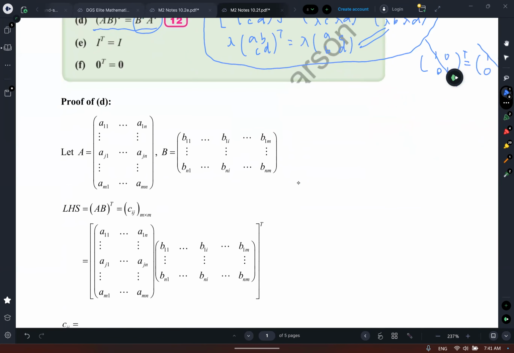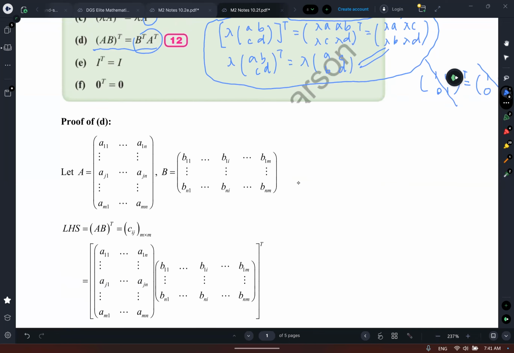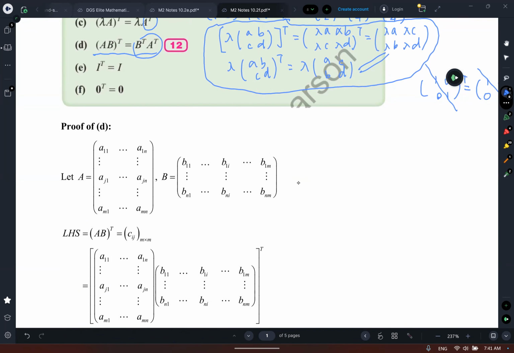Let's assume that A is a matrix of size M times N, basically any matrix. B is a matrix of size N times M. These are the two matrices.